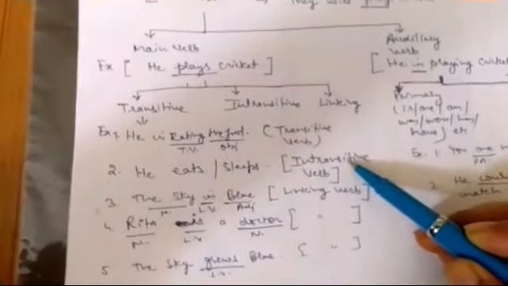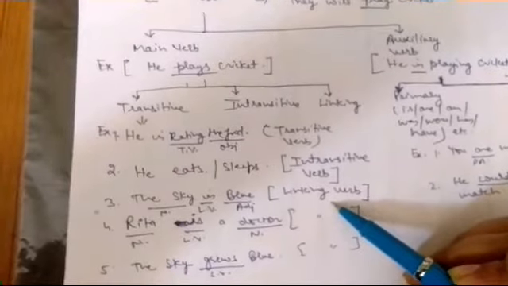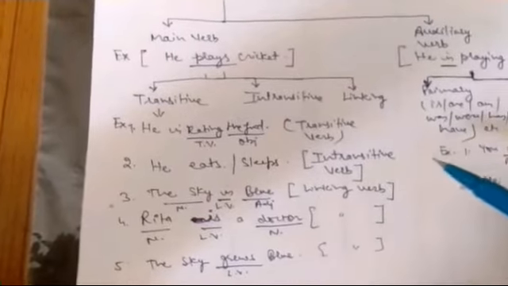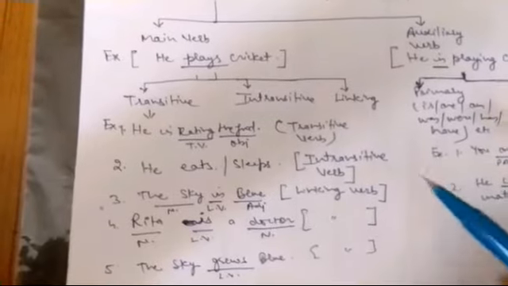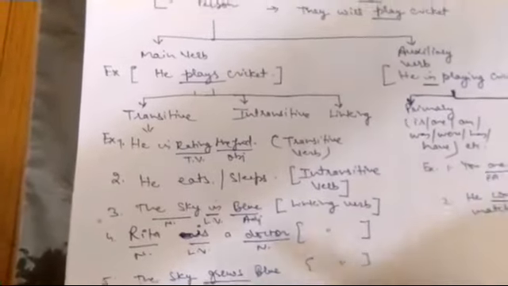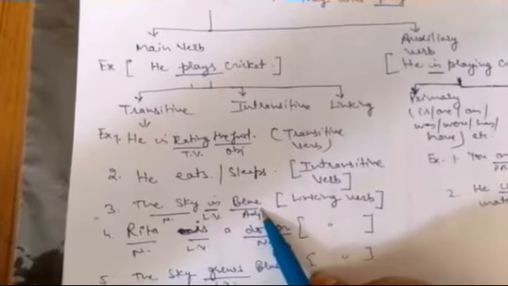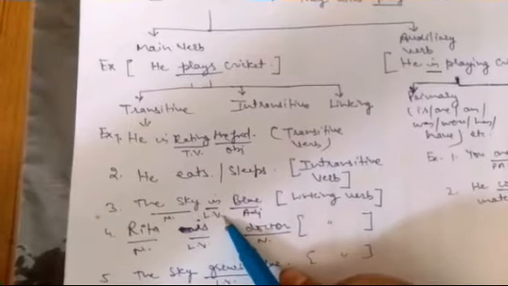Now the third one is linking verb. What is linking verb? Mostly linking verb comes in the form of is, are, am, was. Mostly, I cannot say all the time, but mostly. You can see the example, the sky is blue. So this is the linking verb.